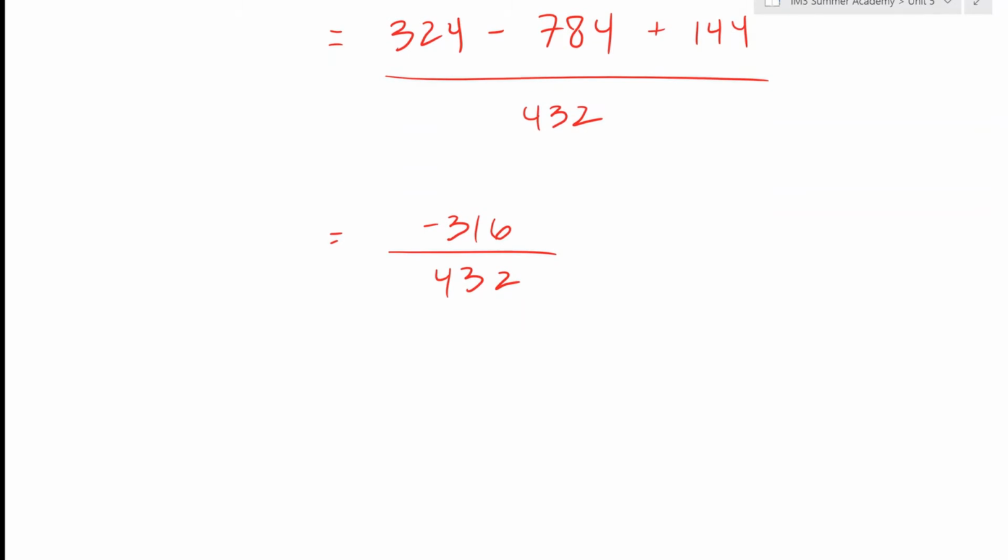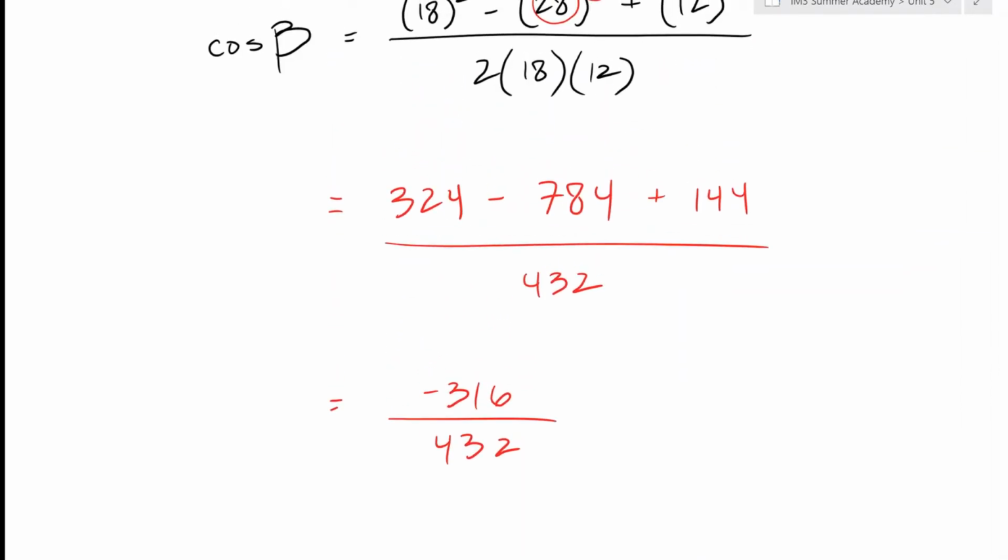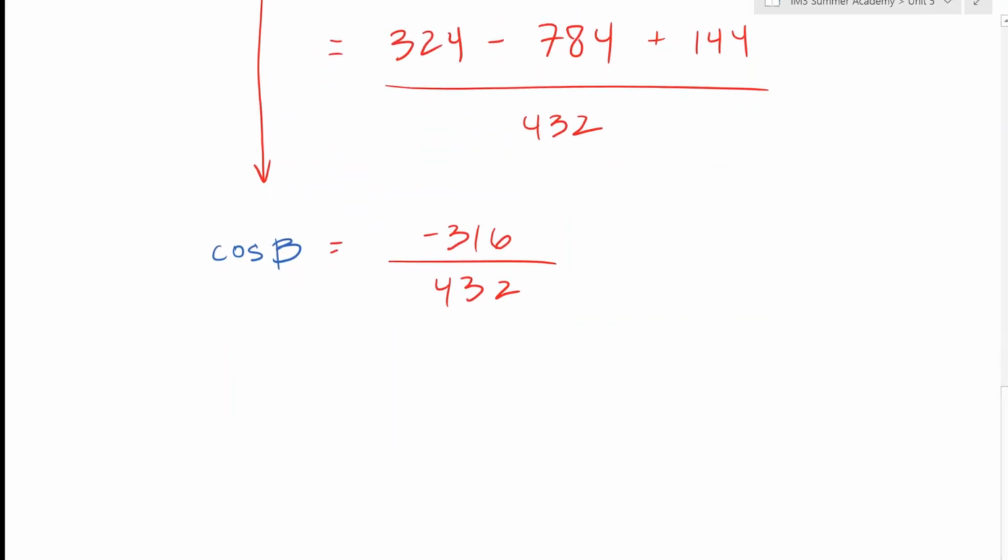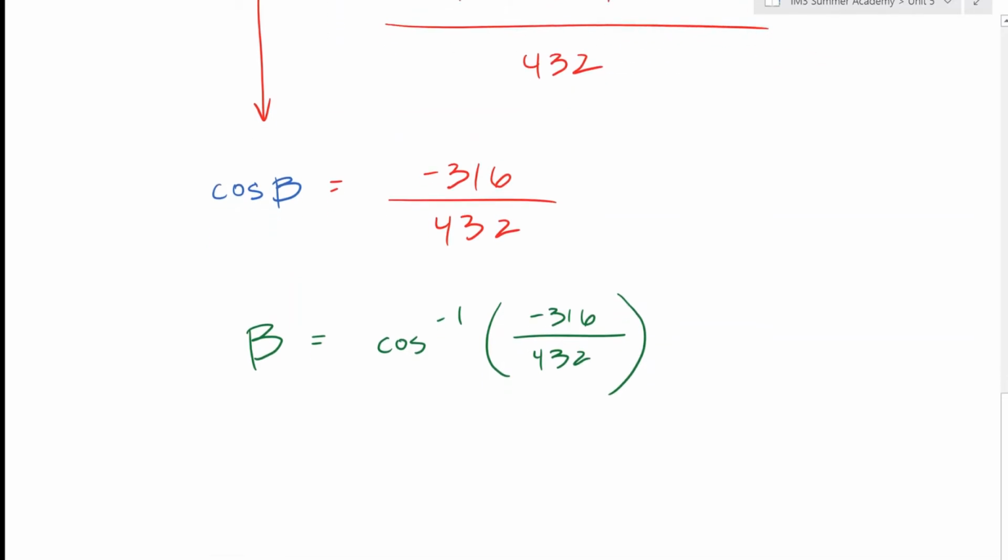Now that isn't our final answer, because remember from above, it's not what B is right now, that's what cosine of B is. I need to get regular B by itself. So I need to move the cosine to the other side. And remember, to do that, to move cosine, you need to inverse it. So you can make this fraction into a decimal, or just let your calculator do all of it.